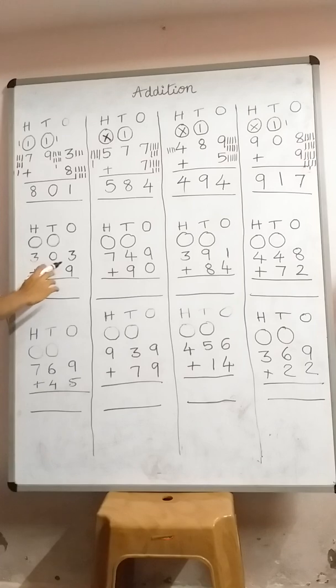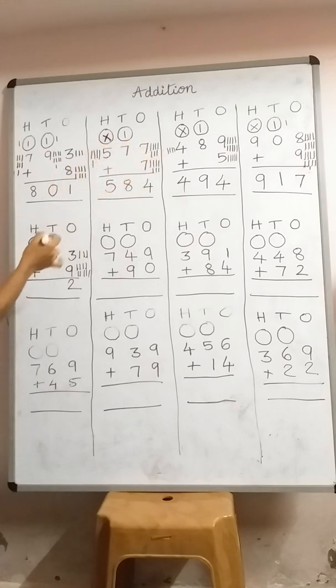Ones, tens and the hundreds. 303 plus 9. Draw 3 lines. Draw 9 lines. Count all the lines. 1, 2, 3, 4, 5, 6, 7, 8, 9, 10, 11, 12. Carry 1, write here 2. Very good. Next come to the tens place.